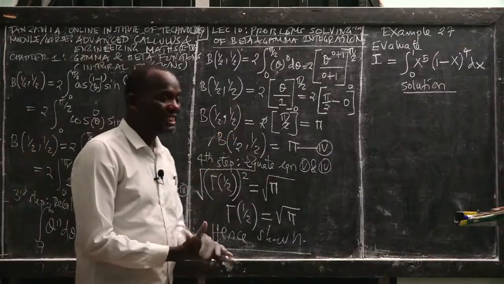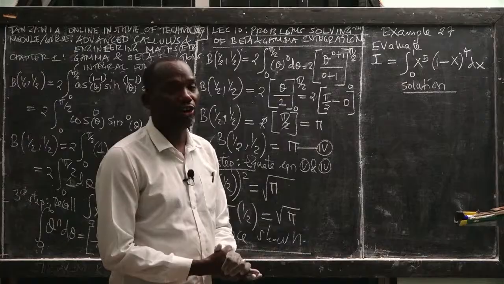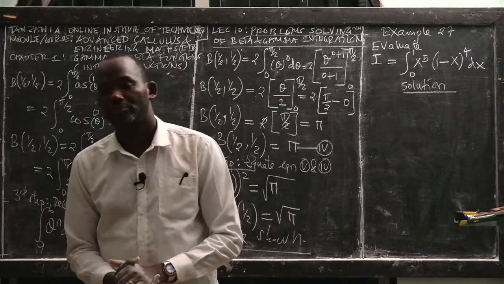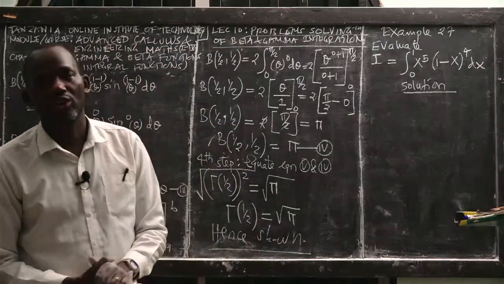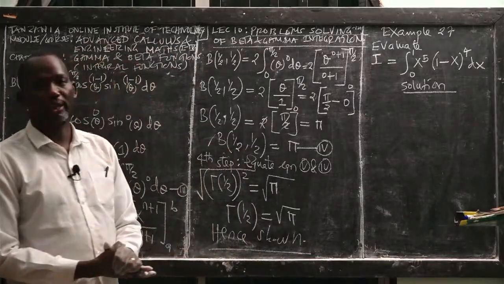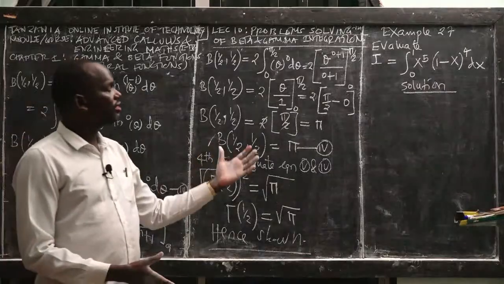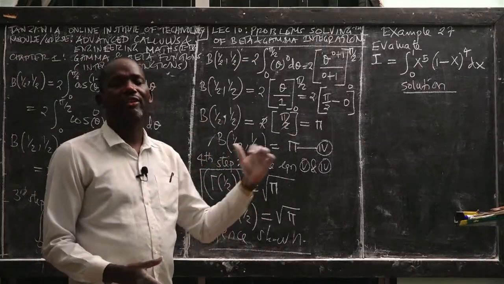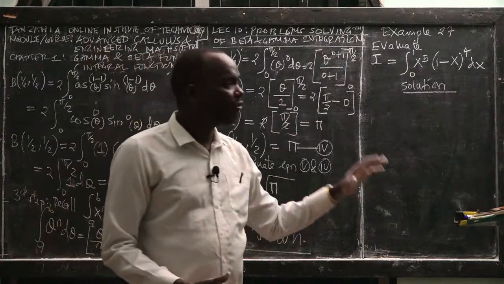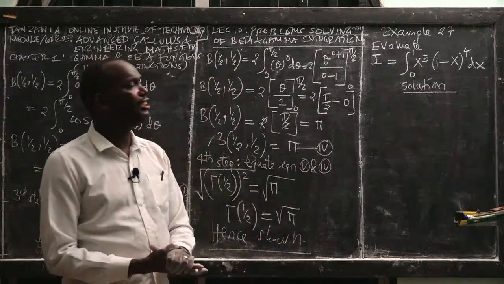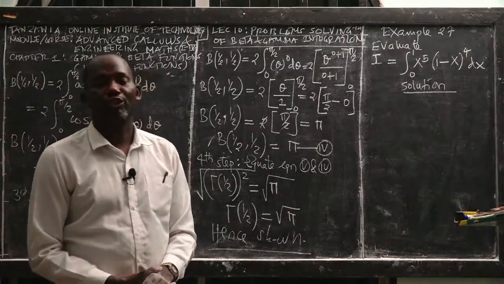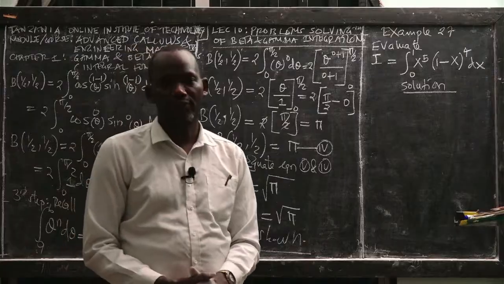If the question is in Cartesian form, you have to recall the Cartesian beta function formula. If the given question is in trigonometrical form, then you have to recall the trigonometrical beta function formula.